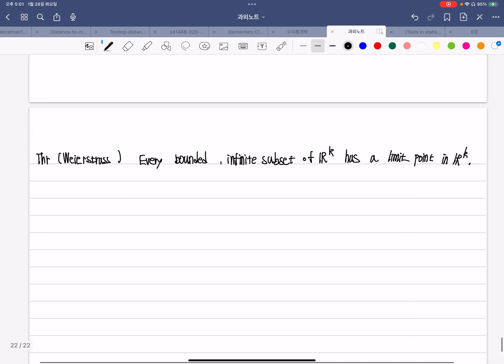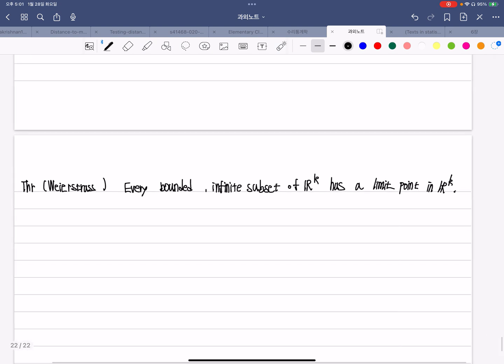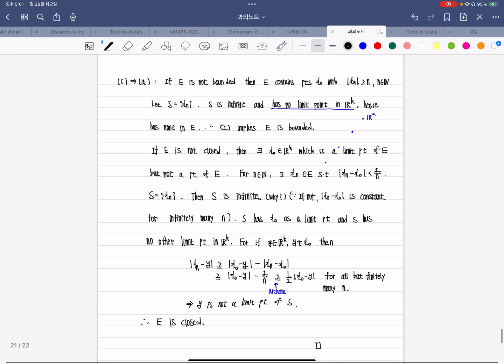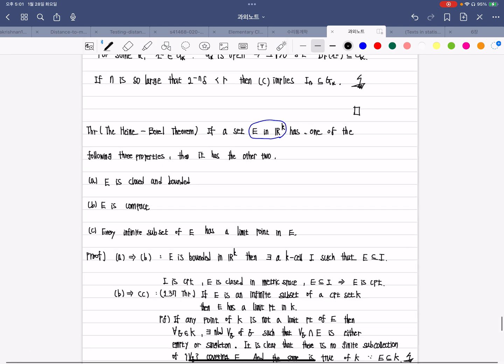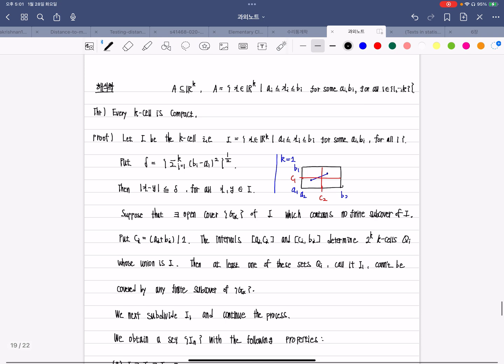Why? The proof is very easy, a very easy corollary of this theorem.